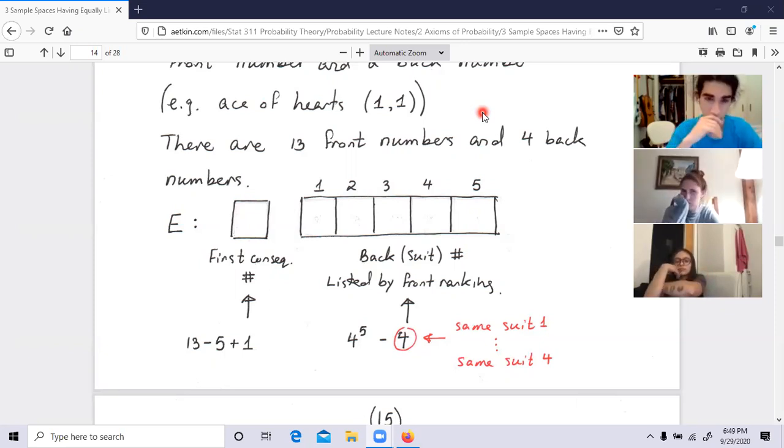What I do is, from the biggest number, I subtract the size of the group and add 1 to be the first member of the most extreme group. Good. So it's 13 minus 5 plus 1 possible entries here, because it could be 1, 2, 3, etc. What's the biggest number it can be? 13 minus 5 plus 1 is the biggest first consecutive number that I can have here.